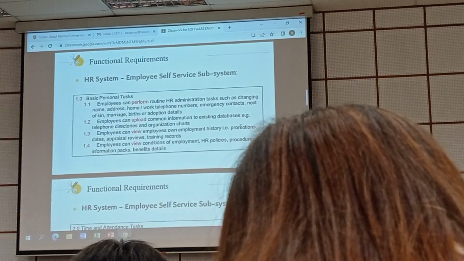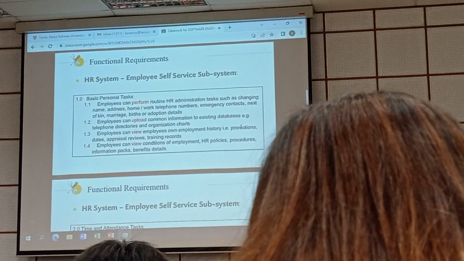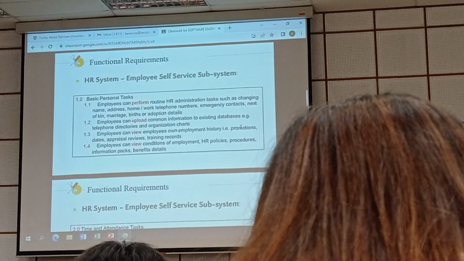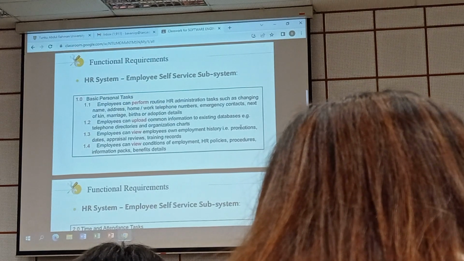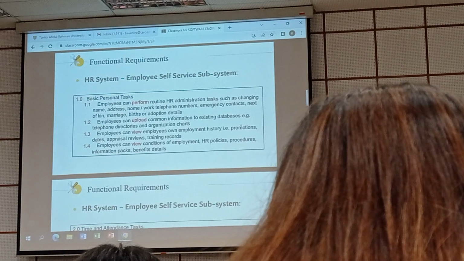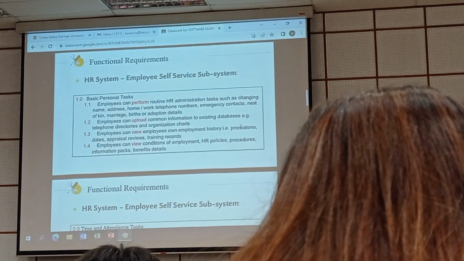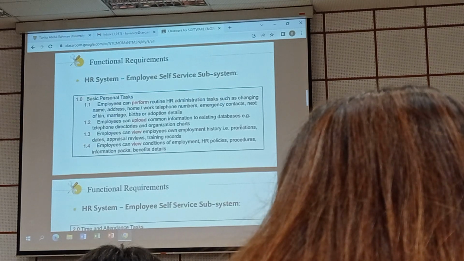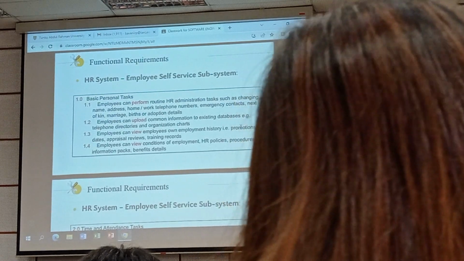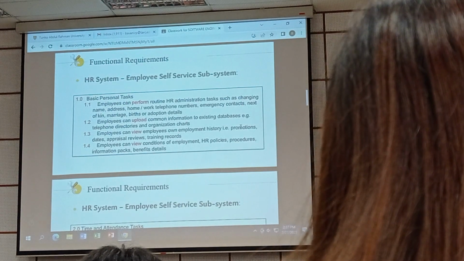One more thing that you need to identify is how you can identify whether it's functional or non-functional. Normally, functional requirements use verbs. Can you see all the red color? All the red text is a verb, an action. What the system can do, you can see: employee can perform.